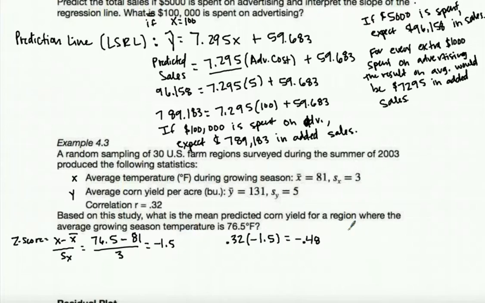Essentially, we're going to take our average corn yield and subtract 0.48 times our standard deviation of y to get 128.6 bushels per acre.